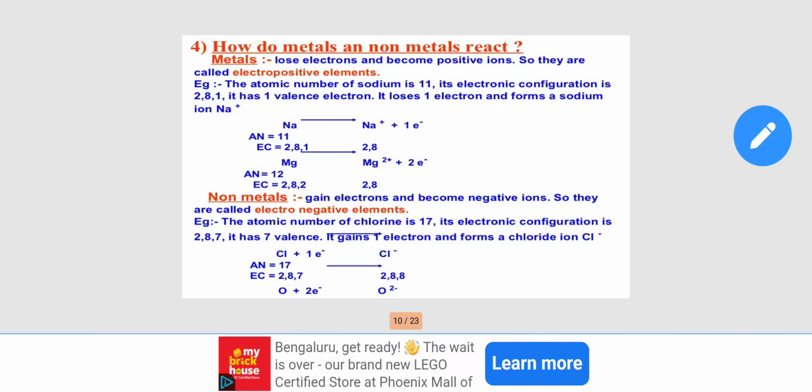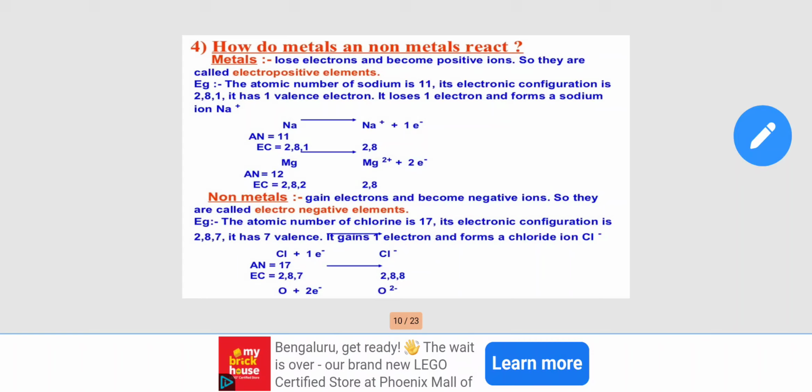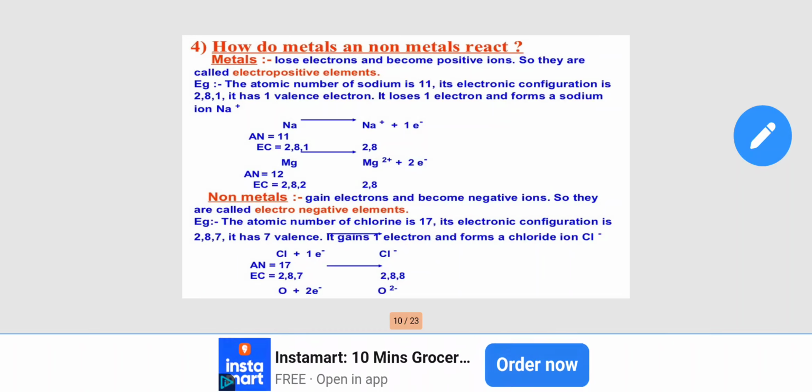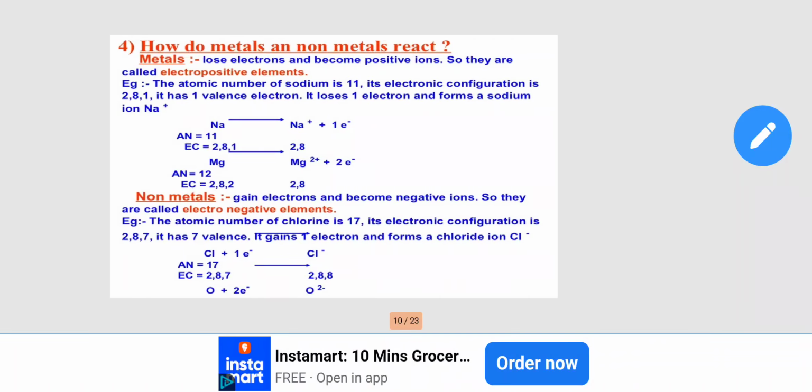The atomic number of chlorine is 17, its electronic configuration is 2, 8, 7, it has 7 valence electrons, and it gains 1 electron to form a chloride ion, Cl minus. Oxygen also, its atomic number is 8, so it gains 2 electrons and forms an oxide ion, O2 minus.